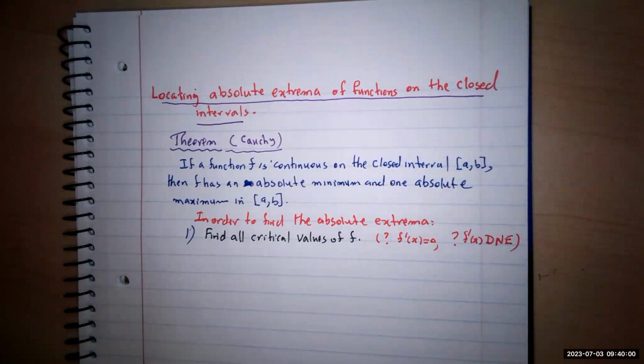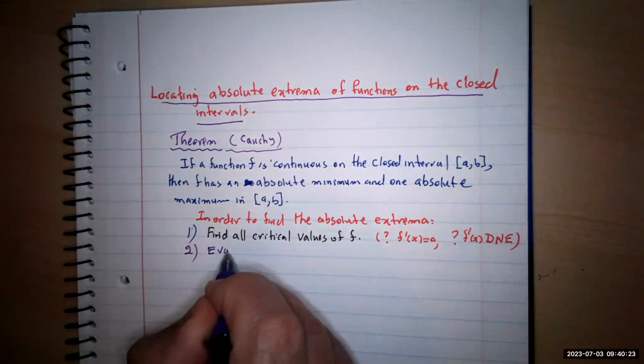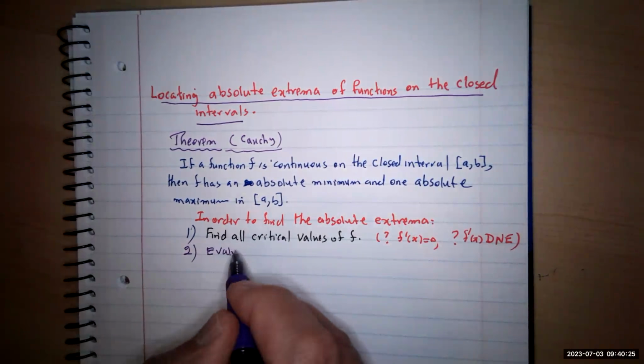Okay, step 2. Some of these critical values may not be in your interval. You ignore them because your function is restricted to this interval. So if a critical value is inside your interval, inside your domain, find the value of the function. This is the part some people miss.